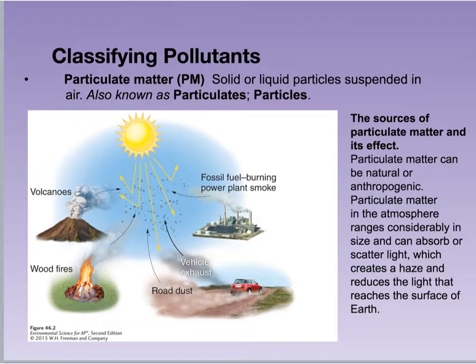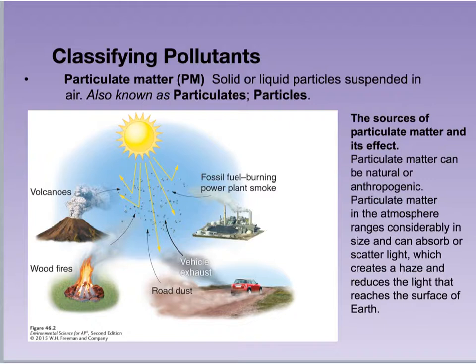Particulate matter, also known as PM, or particulate particles, those are solid or liquid particles that are suspended in air. And their sources come from different places. But particulate matter comes from the combustion of wood, animal manure, and other biofuels like coal and oil and gasoline. And it's most commonly known as a class of pollutants that are released from combustion of fossil fuels like coal and oil.